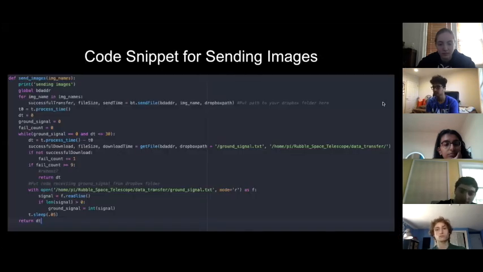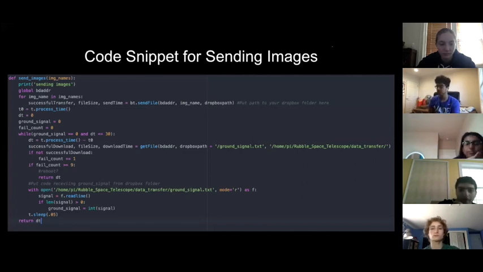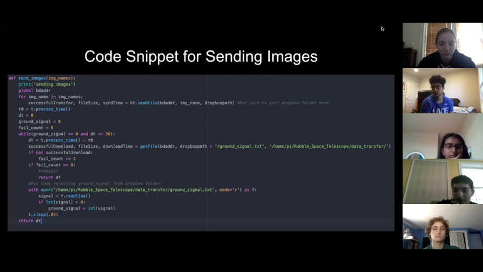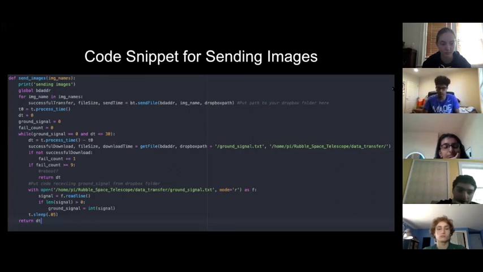So this is just a function that we made in the main code, and it's part of the comm subsystem. What it does is it goes through all the photos that we've taken and tries to send them through Bluetooth to the ground station. And after it does that, it tries to read a signal from the ground station to ensure that it has a stable connection.